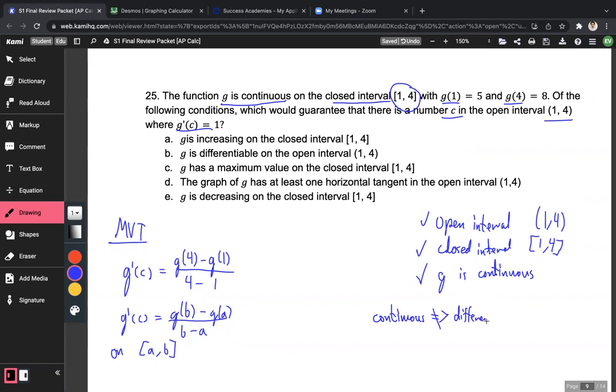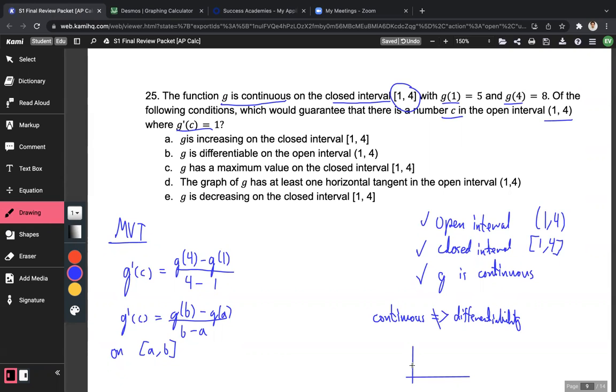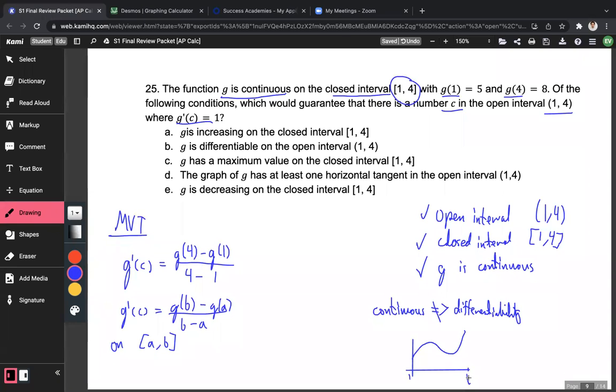Why? Because something could be continuous, like maybe this guy with lots of different cusps, but we're not differentiable here, here, here, here, or here. That's a big problem because the mean value theorem, all that it really states is that if I'm in some closed interval and I've got a function which is continuous and differentiable, it's nice and smooth, no cusps, no breaks, then at some point, my instantaneous slope is going to equal my average slope.